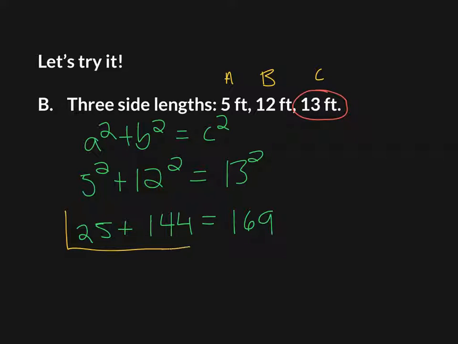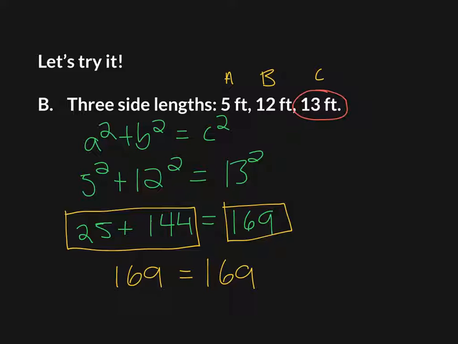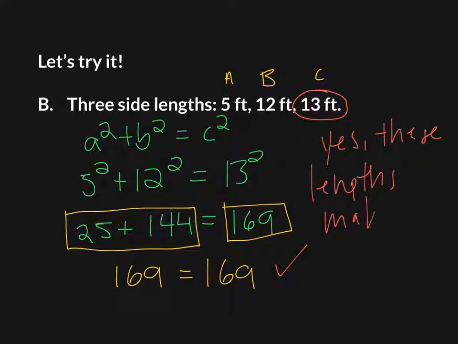Now, you take a second and you think about what we just did. We need to know that this side is equal to this side. So if you take 25 plus 144, you get 169. And 169 equals 169. So think to yourself, are these two equal? Yes, they are. So I can say here that yes, these lengths make a right triangle.